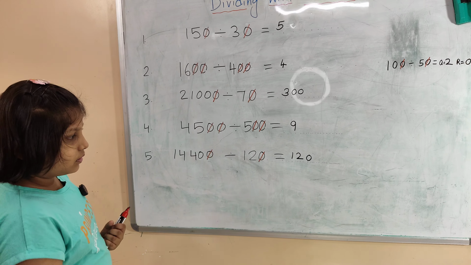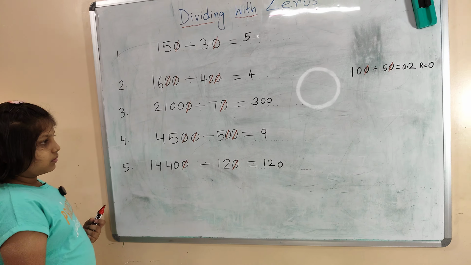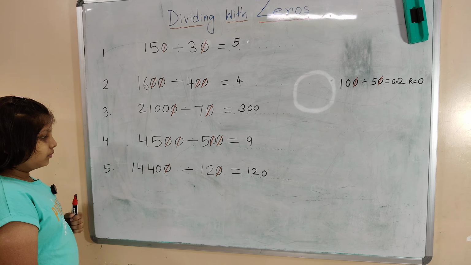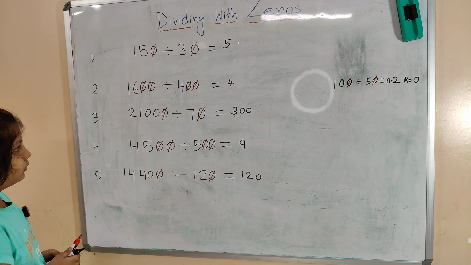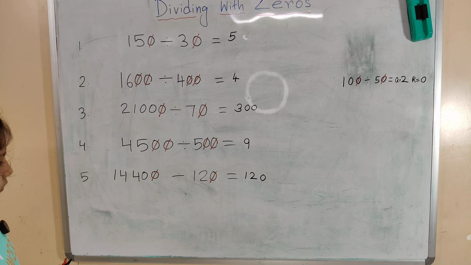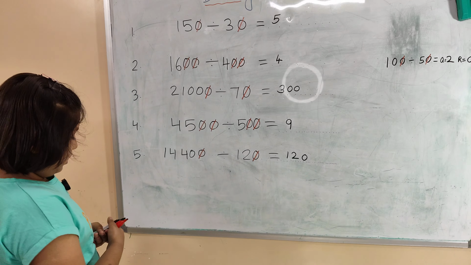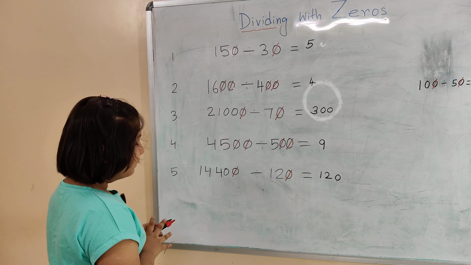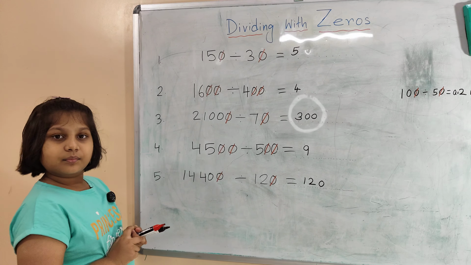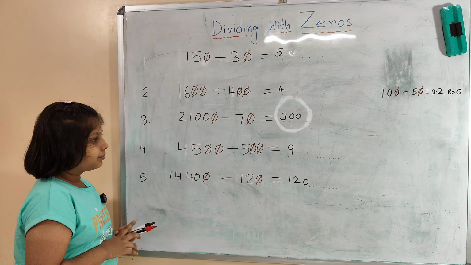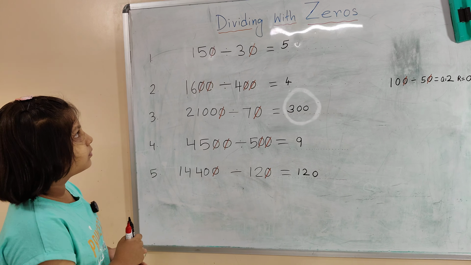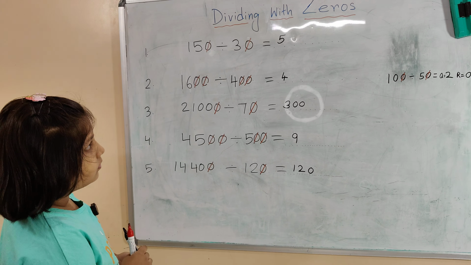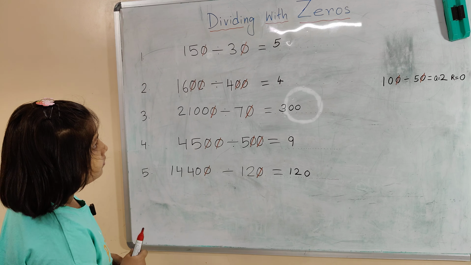See, in 14,400 there are 2 zeros, but in 120 there is only 1 zero. So you cancel out 1 zero from both the numbers. But still in the first number, there is 1 zero left. So after dividing, you write the 0 as it is. 144 divided by 12 is 12, and 1 zero left, so you put the 0, right?